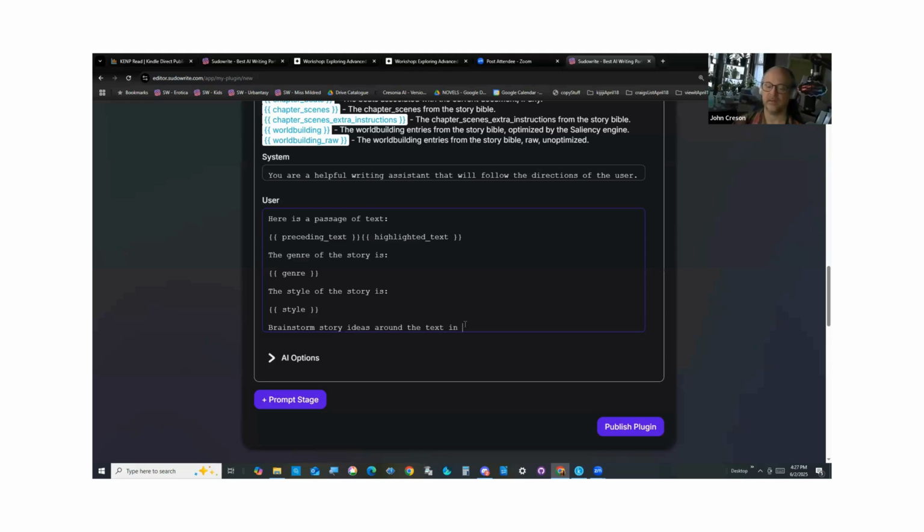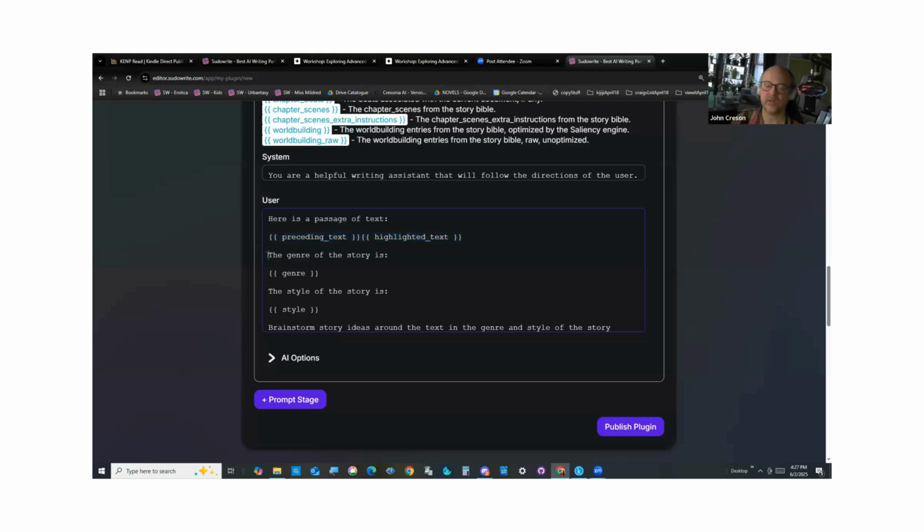In the genre and style of story. So maybe like that. So what you're doing is these are not labels. These are variables. They will be taken away from that command, and your words will be stuck in there instead of these.